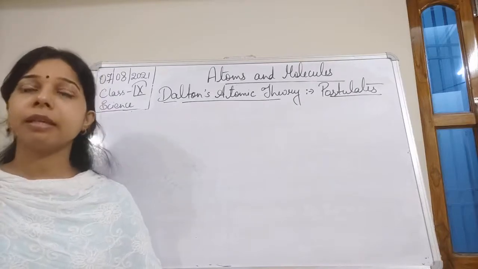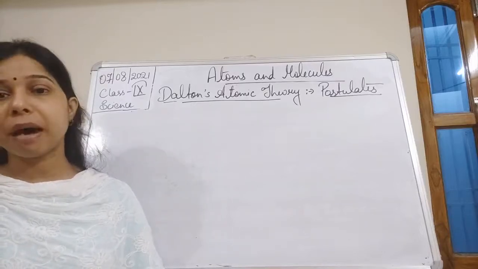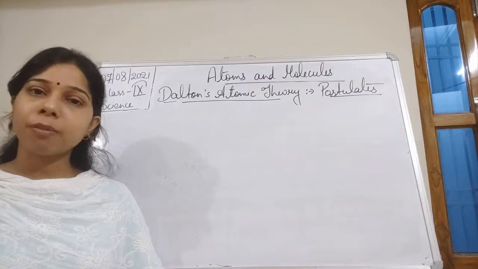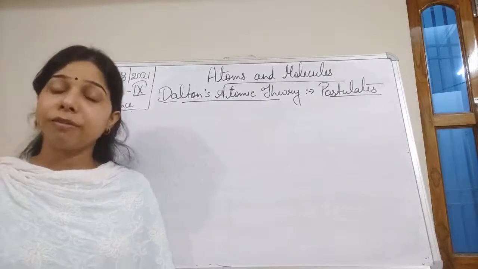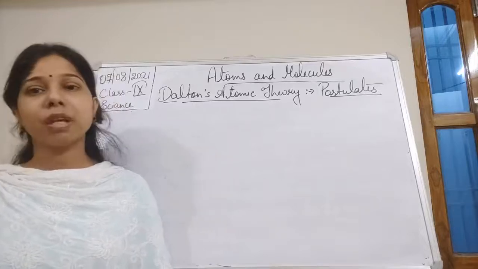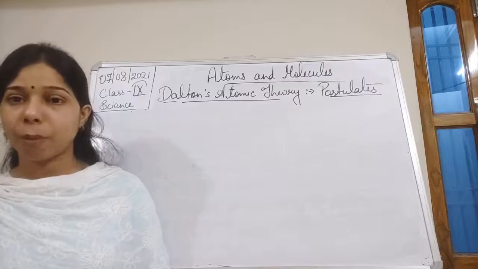So in the first case, he said that if two elements differ from each other on the basis of mass, then they will show different properties. And if two elements are the same in mass, they will show the same properties.